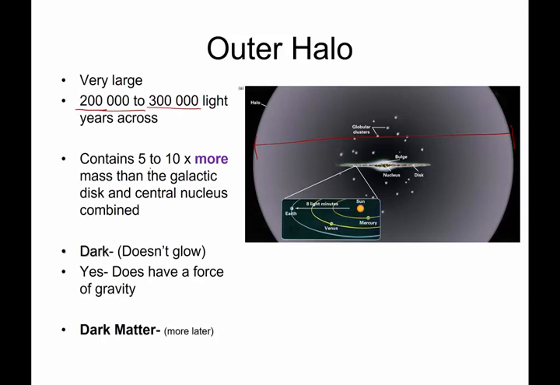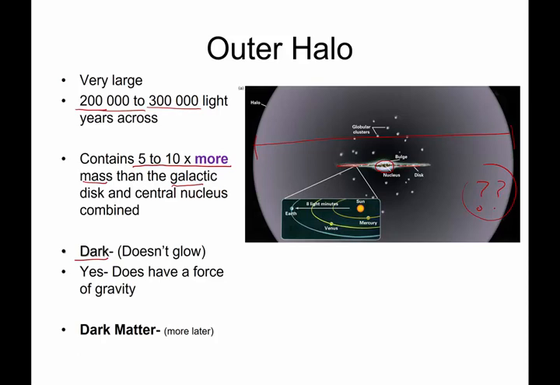The outer halo contains 5 to 10 times more matter, more mass, than all of the mass that's in the galactic bulge and disk and globular clusters around it. So what is producing all of this matter way out here in the outer halo of galaxies? This is one of the big hints, big clues about something known as dark matter.